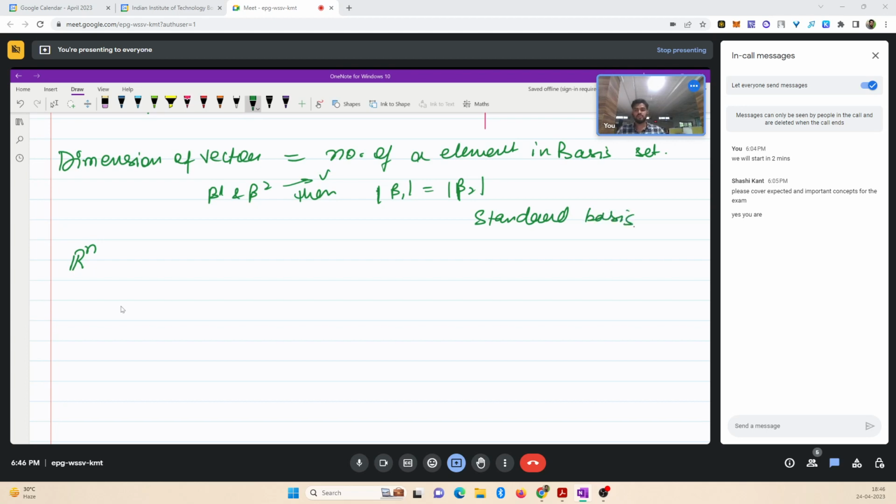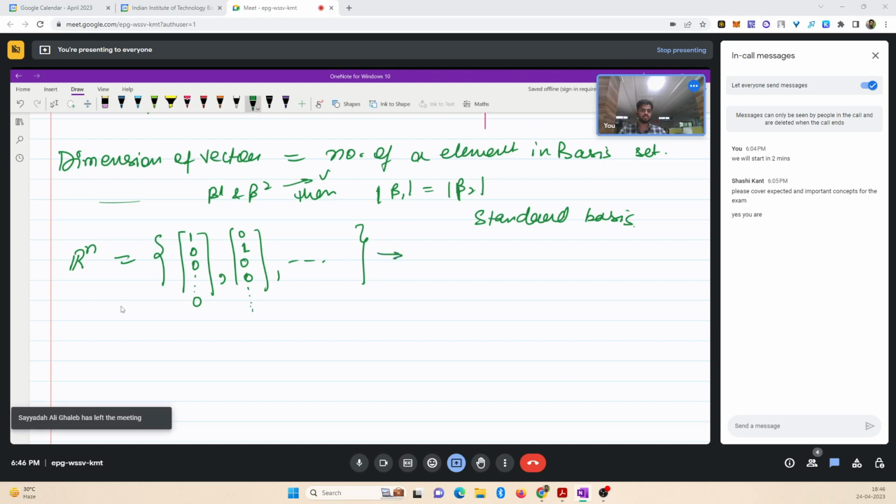For Rn, one of the standard bases is that you take 1 at the first element and 0 everywhere else. For the second vector, you take 1 at the second position and 0 everywhere else, and so on. By this method, you obtain a basis for Rn. This particular basis is called the standard basis for Rn.